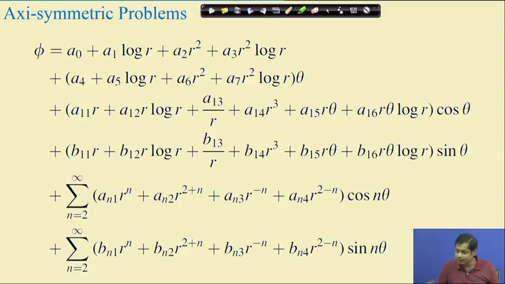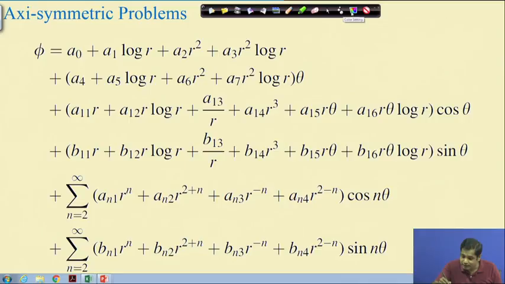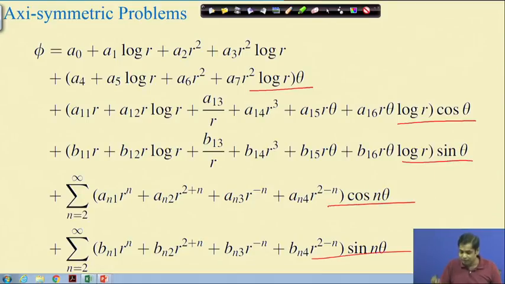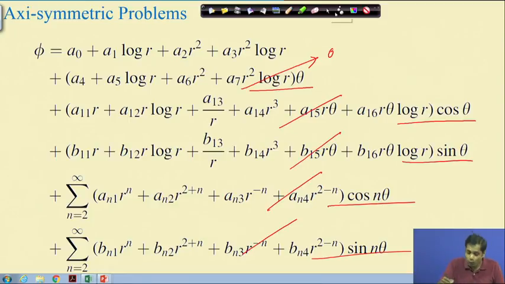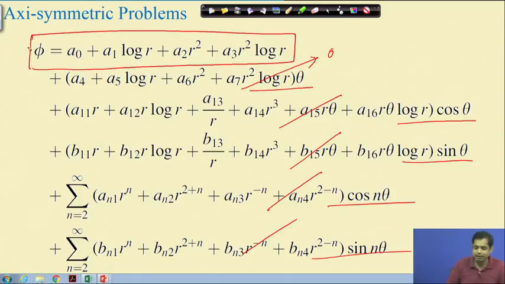For instance, in this case, if our problem is axisymmetric, then all the terms which depend on theta, this term, this term, this term, this term, this term, we can straight away remove, and we are left with only this term.